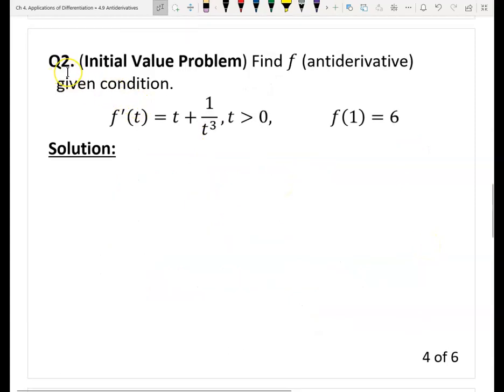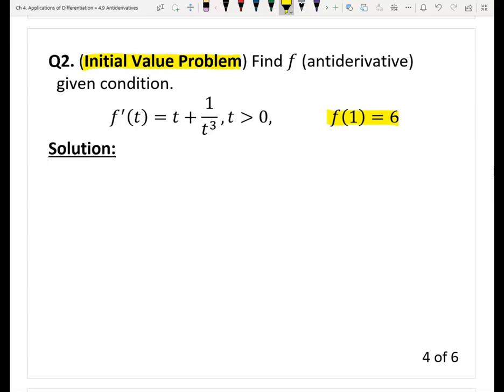Here is the second question, and we call this question an initial value problem, because we have an initial condition. Let me highlight this first. We call it the initial value problem because we have an initial condition, and we can use this condition to solve for the constant c. Therefore, we can get a particular solution, not just the general solution.